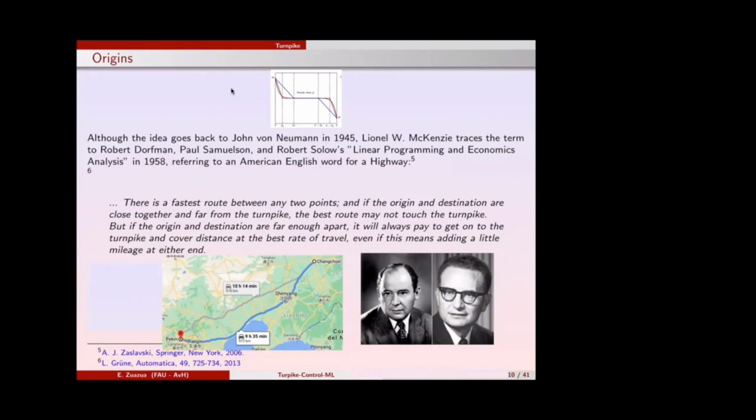The principle is the following, as explained here. It says: when you are controlling from one point to another that are very, very distant, essentially the optimal path is always the same.